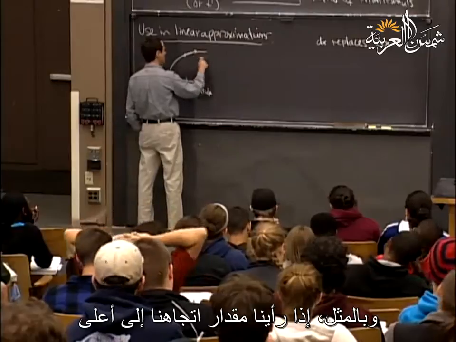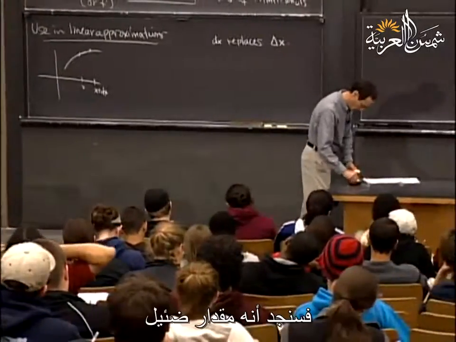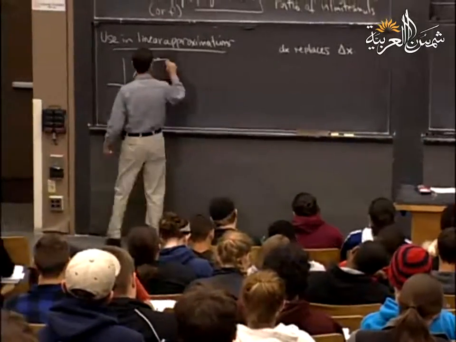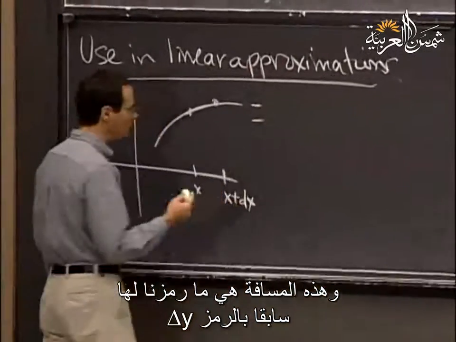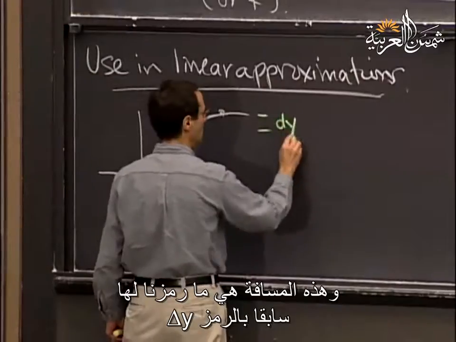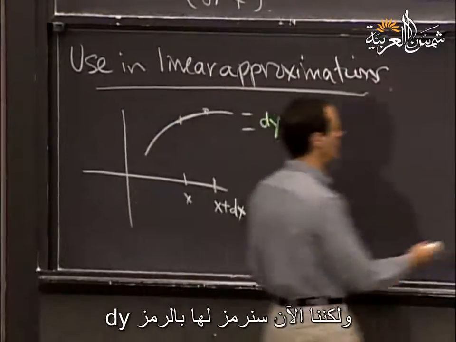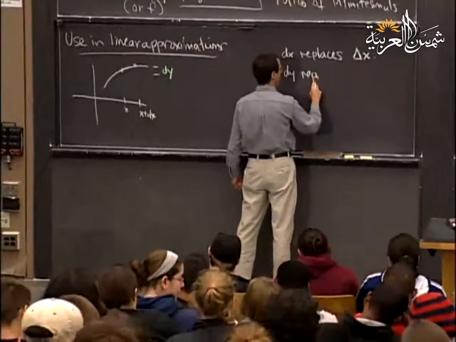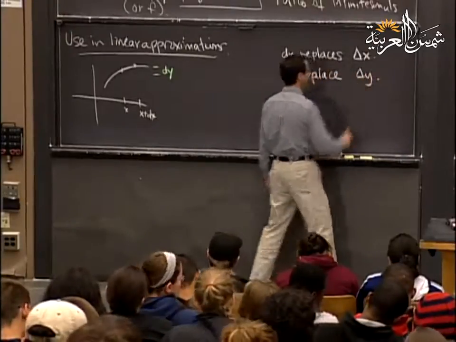Similarly, if you see how much we've gone up, well, this is kind of low, so it's a small bit here. So this distance here, previously we called it delta y, but now we're just going to call it dy. Okay, so dy replaces delta y.